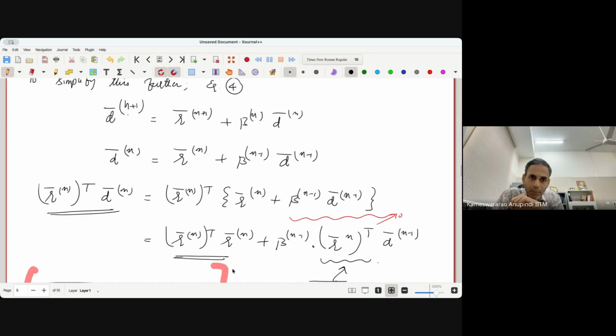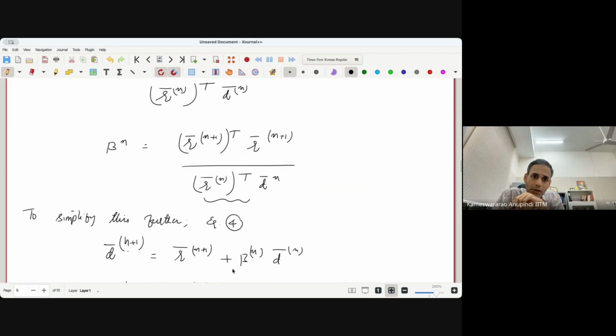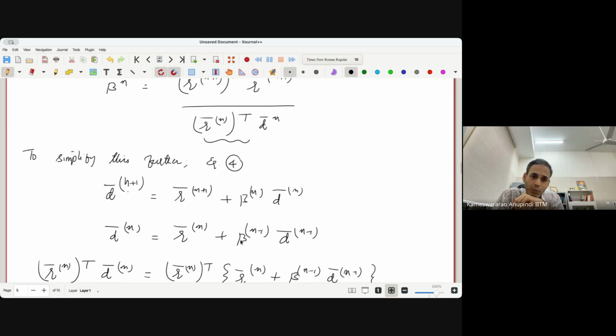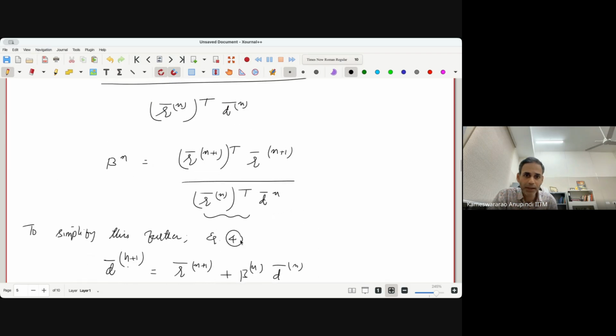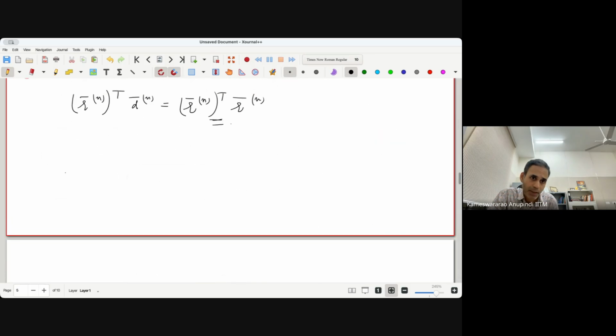Now I can go back and plug in these two, wherein for beta n, the numerator is simply R n plus 1 transpose R n plus 1. Denominator is R n transpose R n. So I can write my beta n is equal to R bar n plus 1 transpose times R bar n plus 1 divided by R bar n transpose times R bar n.